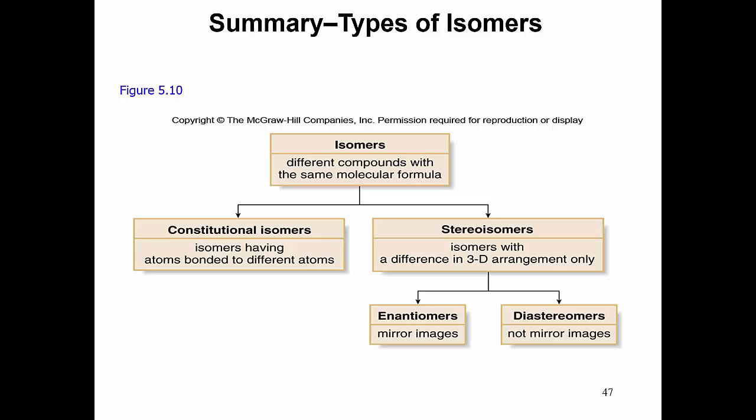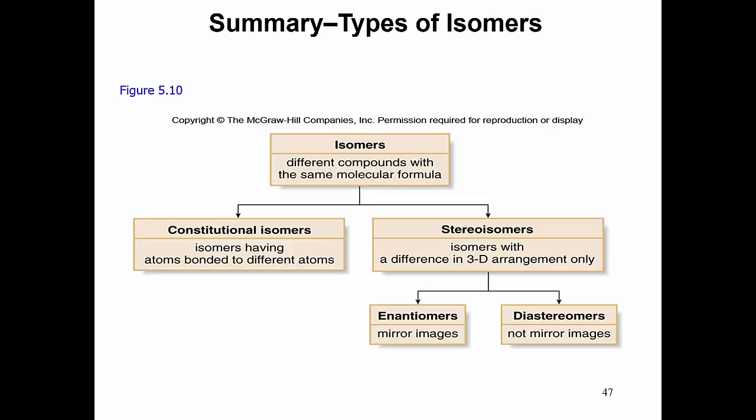Those are constitutional isomers. Stereoisomers, we have not moved any atoms from one atom to another. We've not broken and made any bonds, if you will. Right? All the bonding is the same, but the 3D spatial orientation is different. You have a hydrogen in the front or a hydrogen in the back, right? And that is going to give rise to stereoisomers.